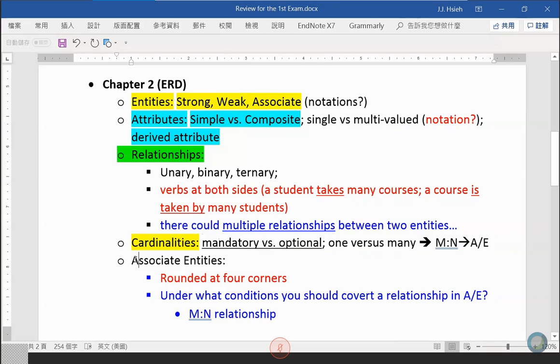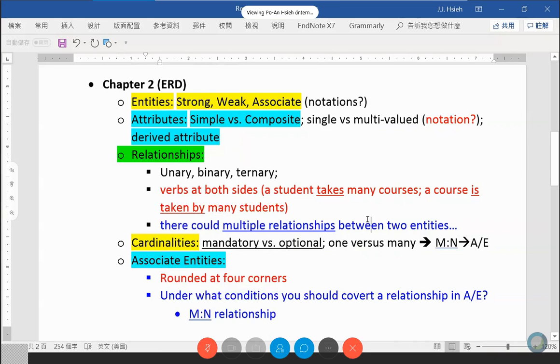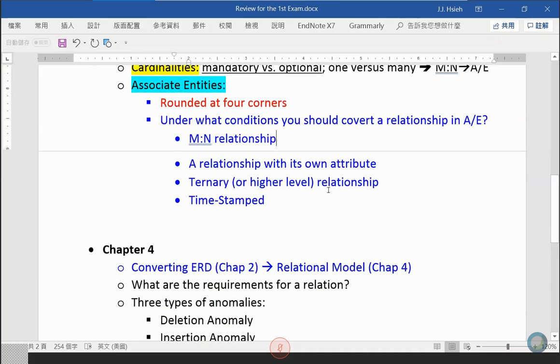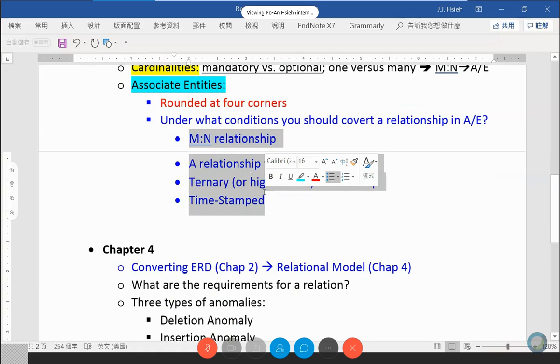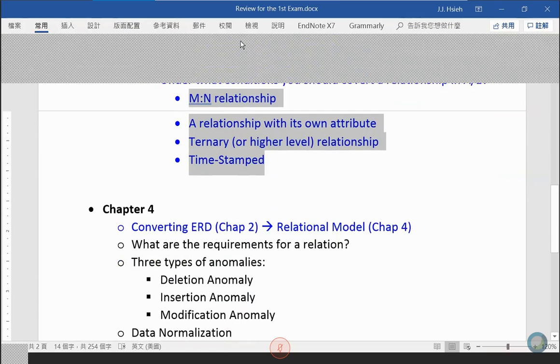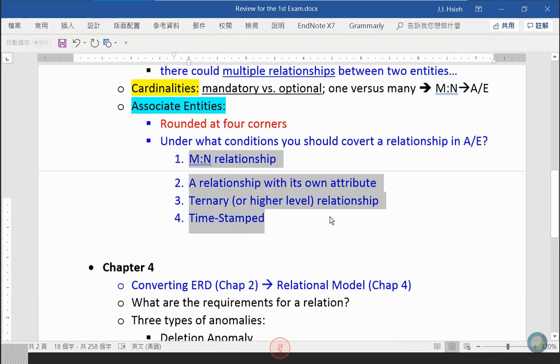And the final, or probably the most difficult part, of chapter 2 is about associate entity. I remember I have shared this with you. I have summarized that there are four conditions that you should use to think about converting a relationship into an associate entity.